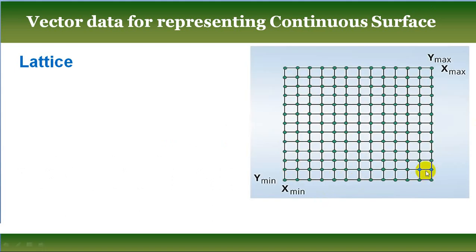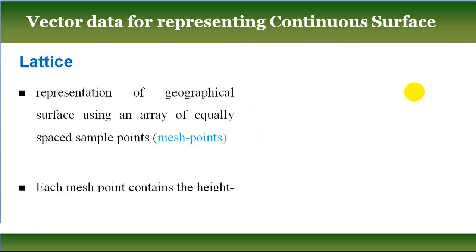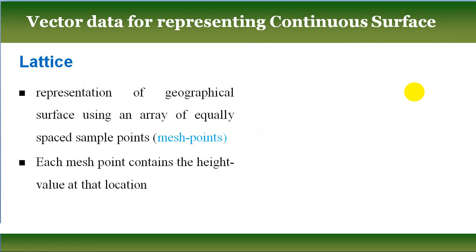These are the mesh points, equally spaced. It almost looks like raster data, but remember, this is not raster data. Each mesh point contains the height value at that location.